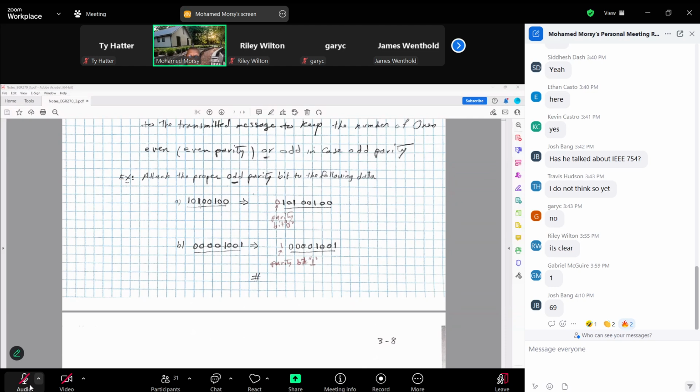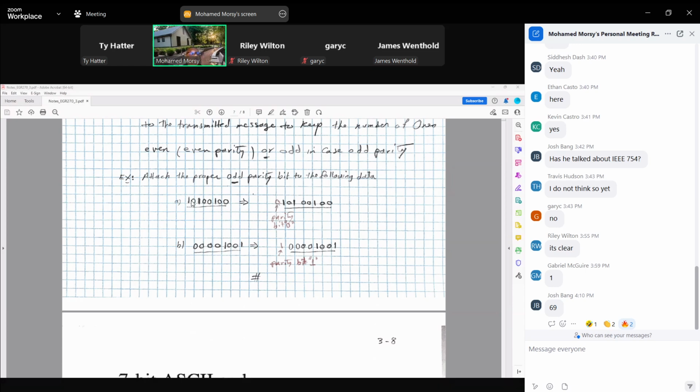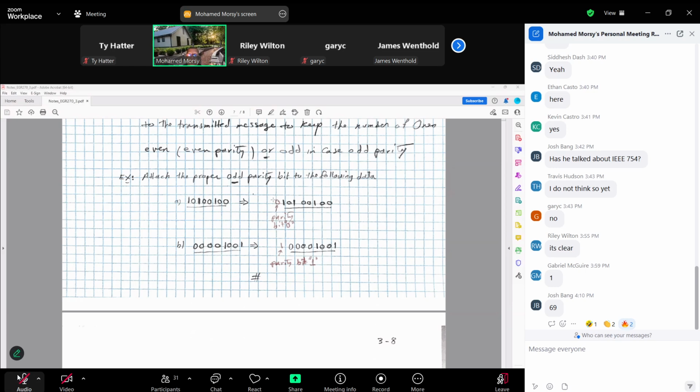Odd, perfect. So what do we add as parity? Parity bit 0. Where do we put this 0? We put it on the left side, as the most significant bit. Everyone sees this? Okay, good. What's your code? 30. Okay, perfect. Thank you.